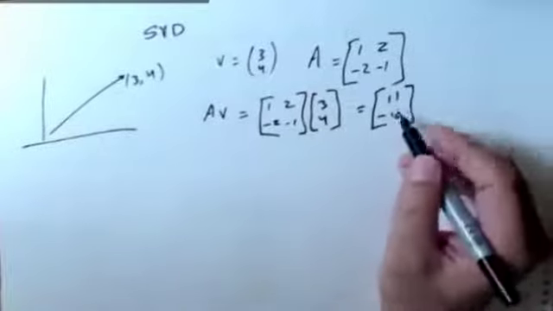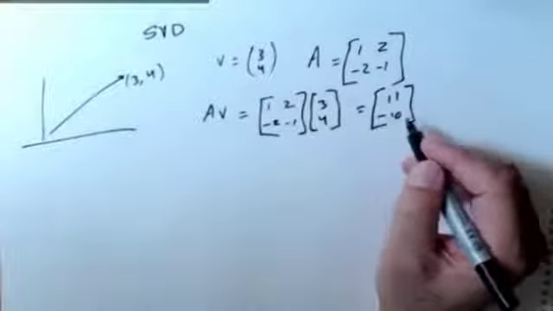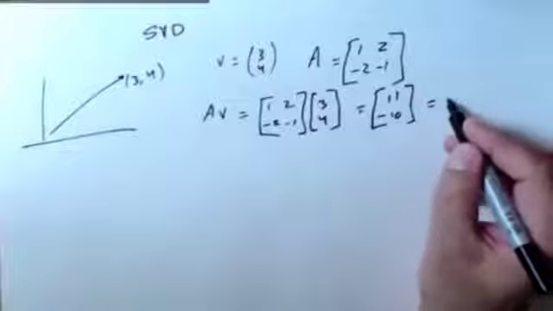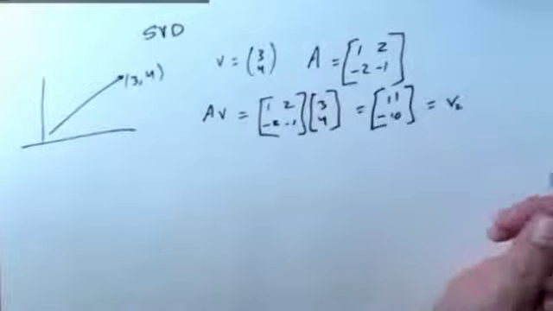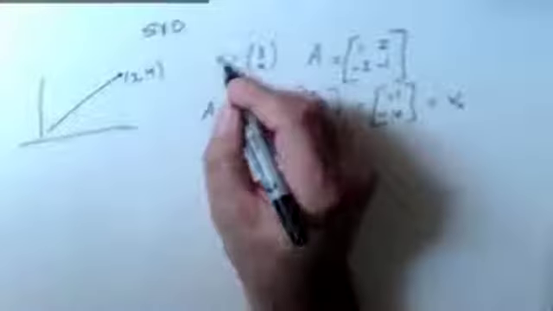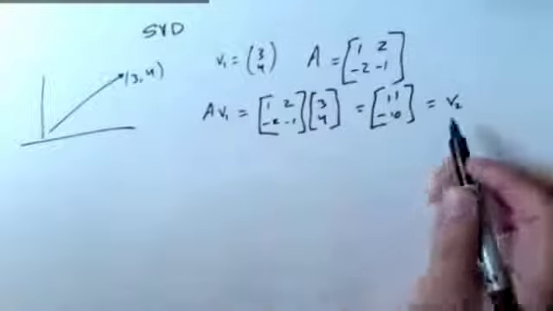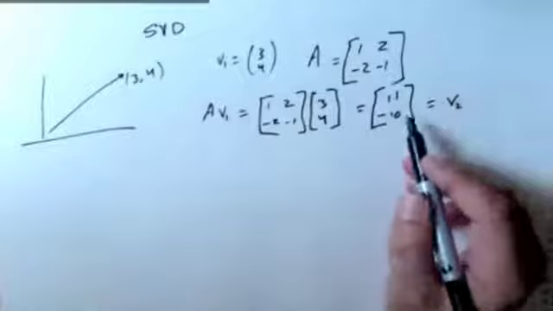So this is a new vector. Let's suppose this was V1, and this new product is V2.